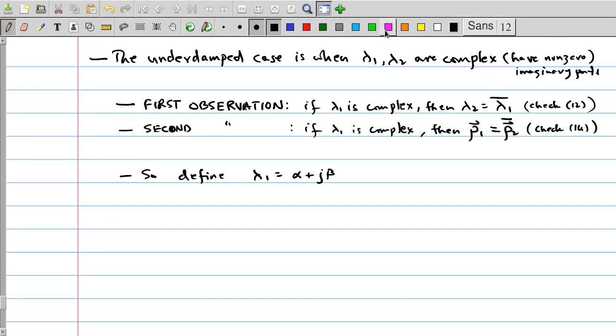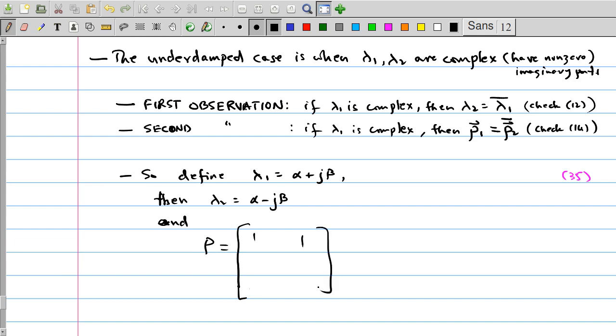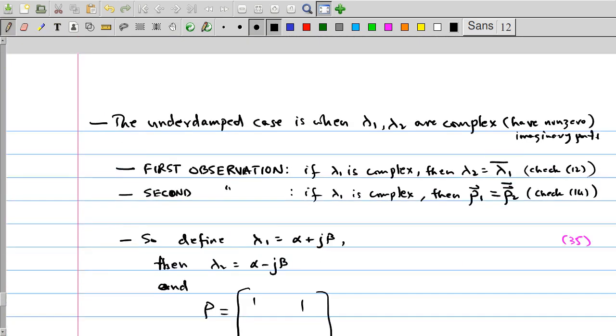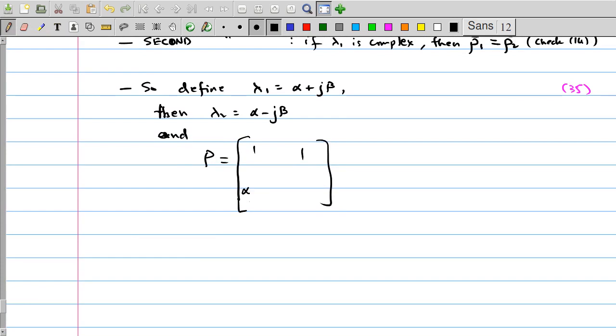So that's 35. Then lambda 2 is equal to alpha minus j beta. And the whole of P is equal to, I think, 1 1 lambda 1 lambda 2, right? Which equals 1 1 alpha plus j beta and alpha minus j beta.